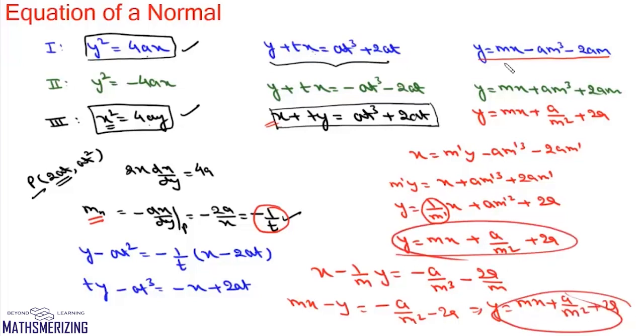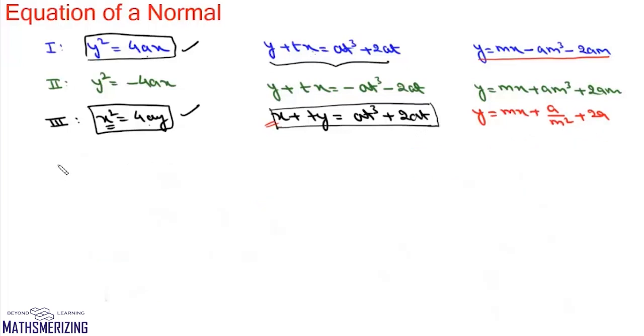same as this equation. So that means the equation of normal for this third form will be x plus ty equals at³ plus 2at in terms of parameter t, and will be y equals mx plus a upon m² plus 2a in terms of slope of a normal. Now in the same way, we can write the result for this fourth form, which is x² equals minus 4ay.